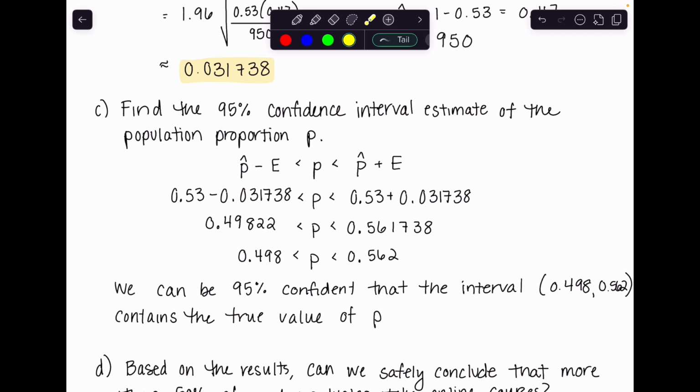And same thing, you don't want to say 95% of sample proportions are going to fall within these values, because this just came from one single sample, okay? It's basically, if we were to repeat this process over and over and over again with sample sizes of 950, 95% of those samples would actually contain the true population proportion P, okay? So that's why we can say we're 95% confident.